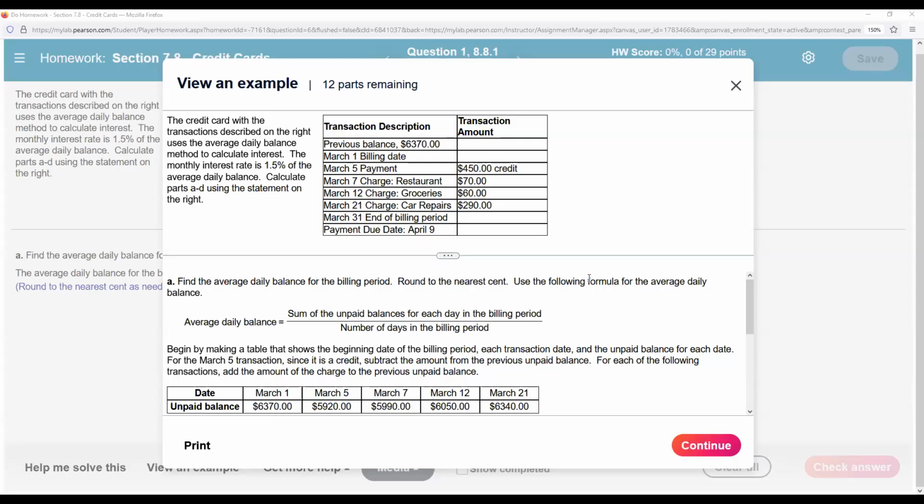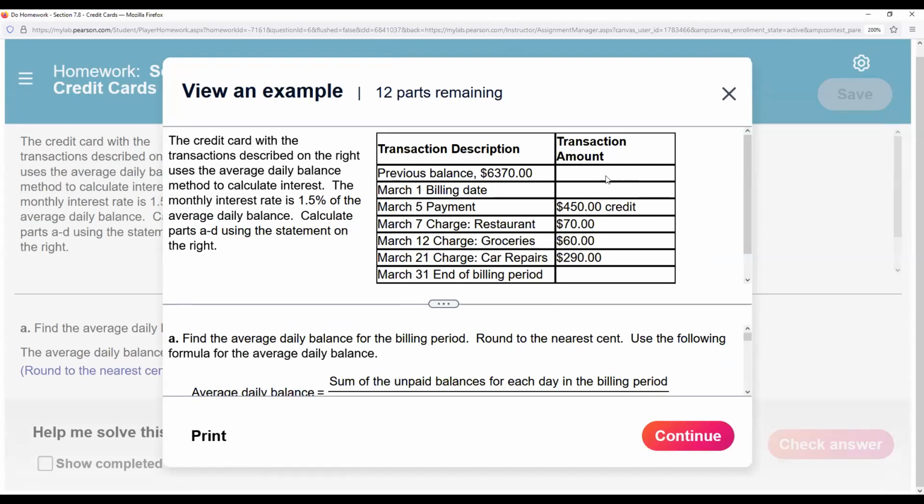Anyway, part A, what they're going to ask you to do, is pretty straightforward. We don't have much time, so let's just talk about it. Let me share the screen before I forget. Okay, so these are your transactions.